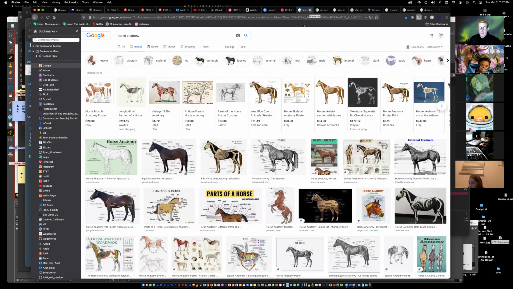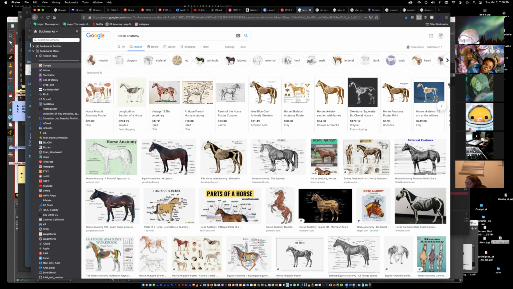I want you to take a look at horse anatomy. And I want to point out a couple of things just before we go too much further into this. I want you to pay attention to, well, I like this composite skeleton over the actual picture of the horse itself.